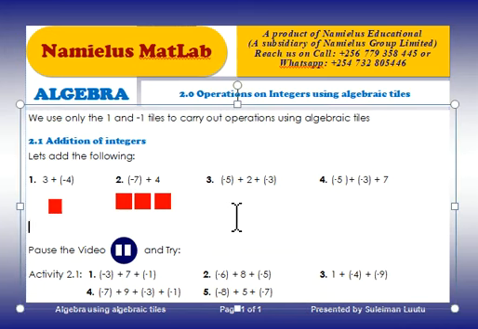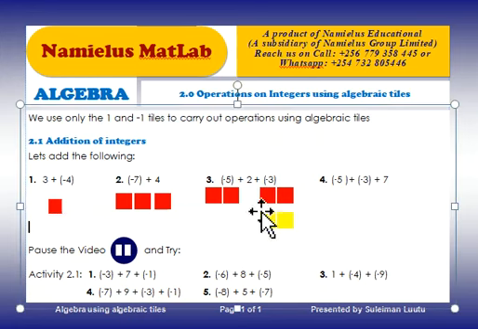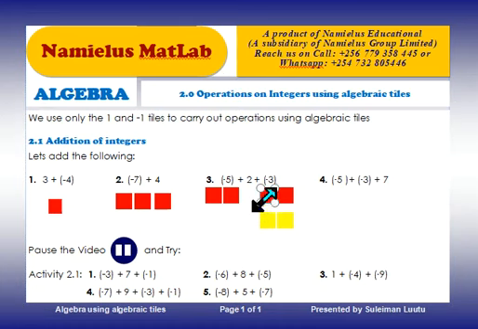Number 3, we have -5 plus +2 plus -3. So we are going to have a -5, which is that, and then we add +2, which is this. Oh, sorry, let's add the fifth one. So the fifth is here.